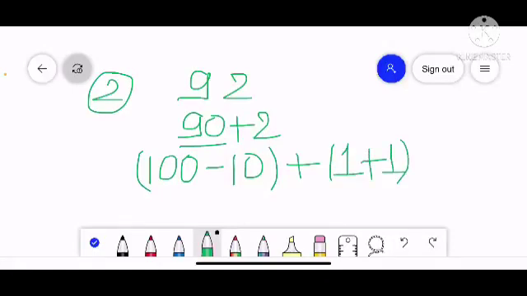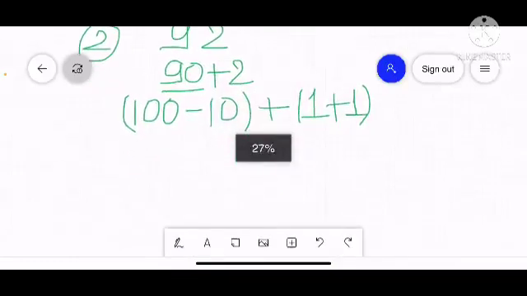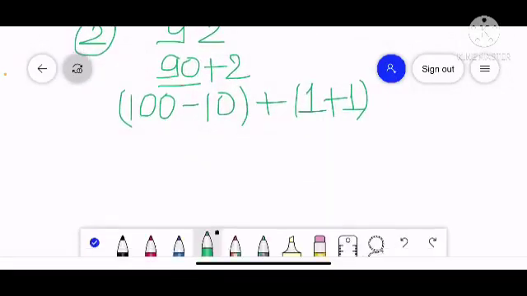Now we write the symbols. The symbol for 100 is C, and minus 10 goes on the left side, and symbol for 10 is X. Now plus sign means we write on the right side, that is I. XCII is the Roman numeral for 92.